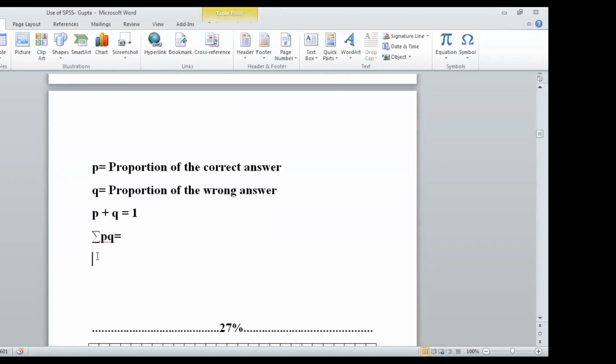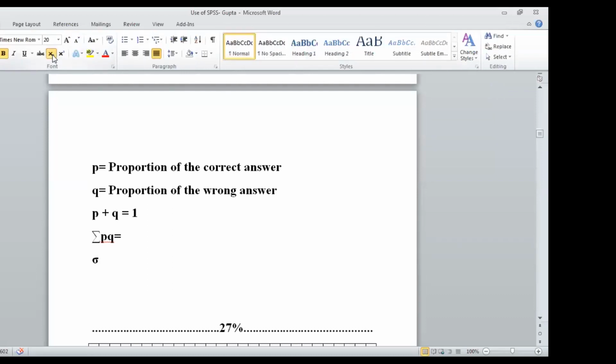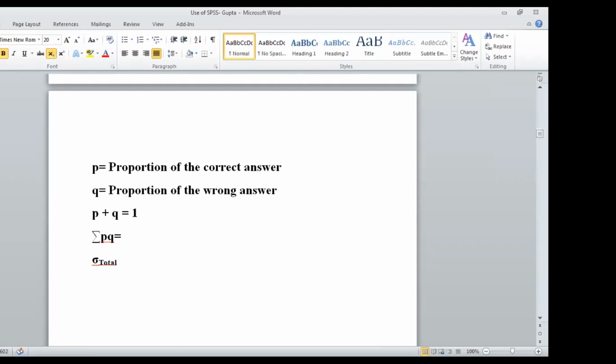If you are representing standard deviation by sigma, then you will be having the sigma total. And you know the N. N means total number of the people.